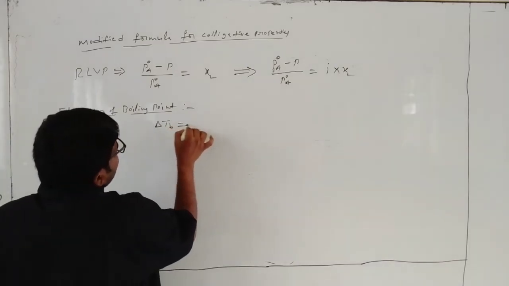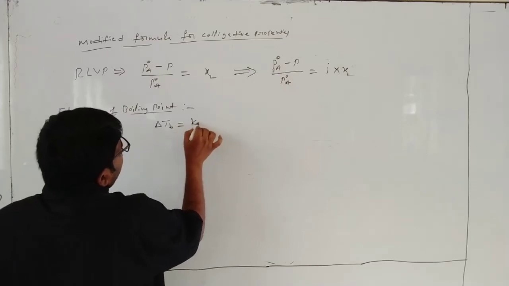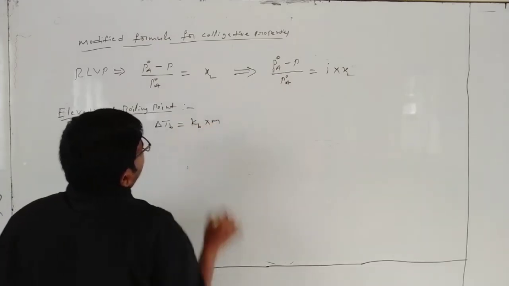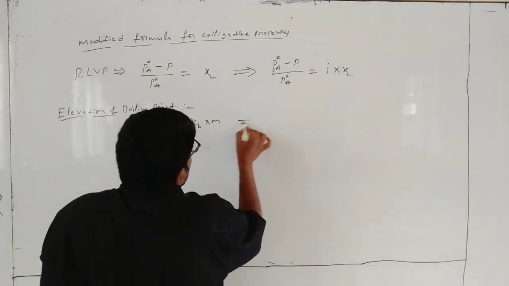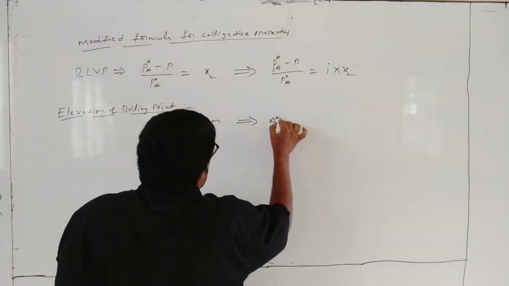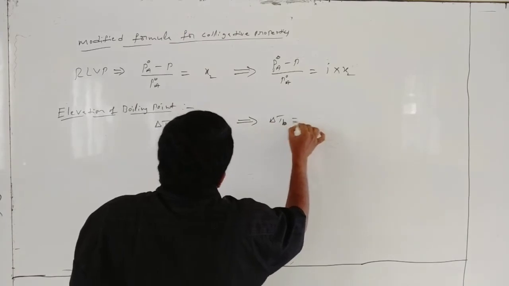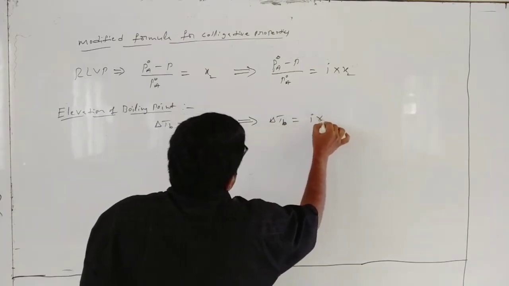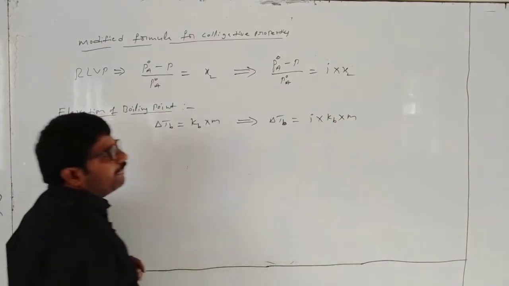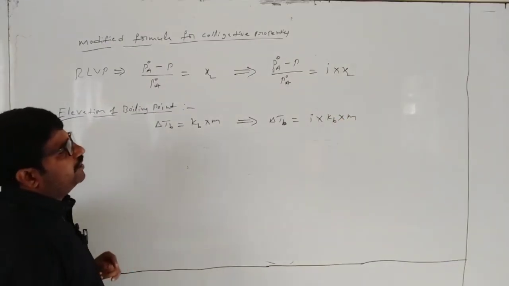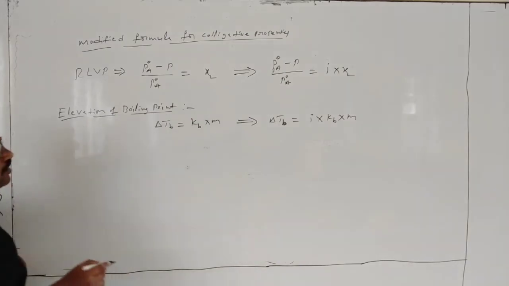Delta Tb is equal to Kb into molality. For this one, the modified equation is delta Tb is equal to i into Kb into molality. This is the modified equation for elevation of boiling point.